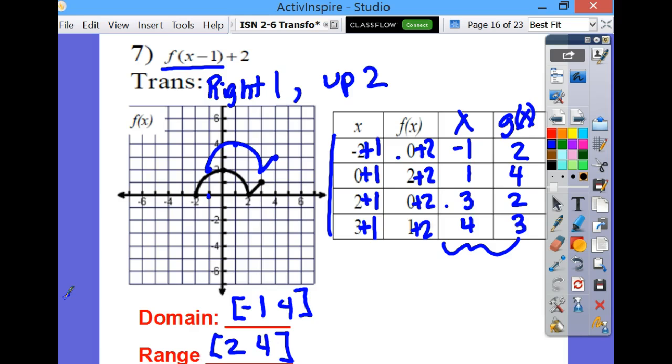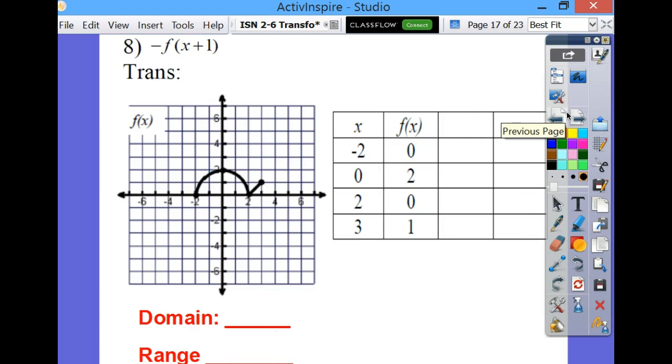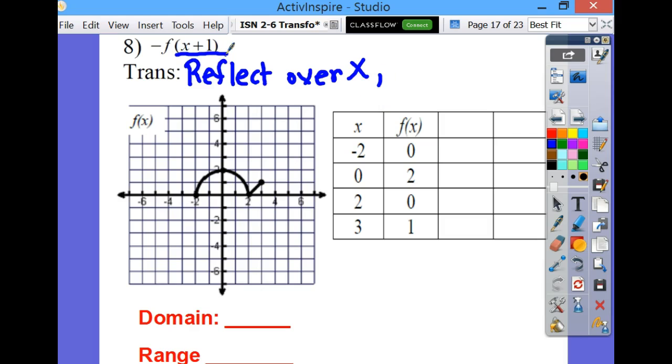You ready for a challenge? Can you do this? What is the negative sign out in front going to do? What is the x plus 1 going to do?